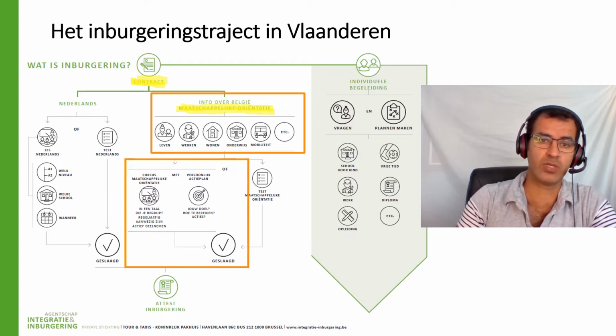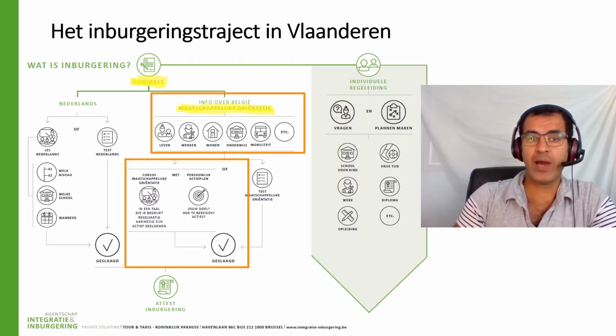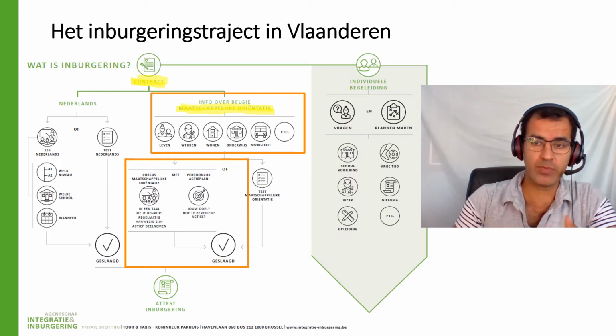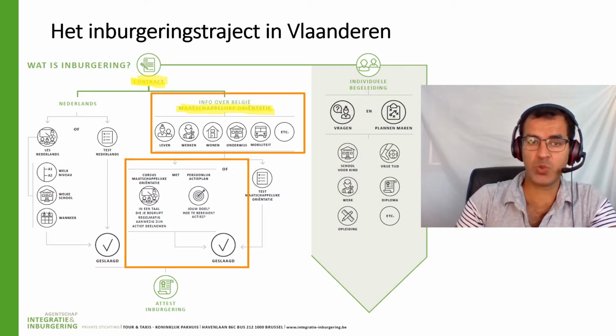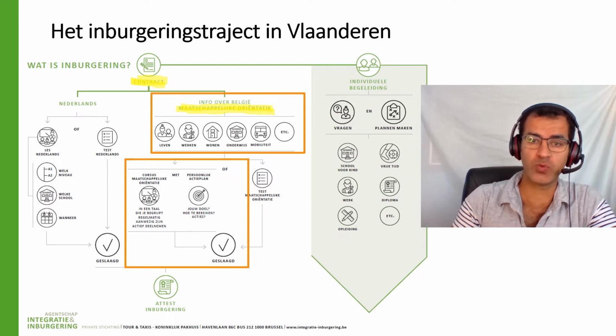The second part is that you need to learn Dutch, the first two levels. Those are the two most important parts of the social orientation class, or the integration track that you are going to follow.